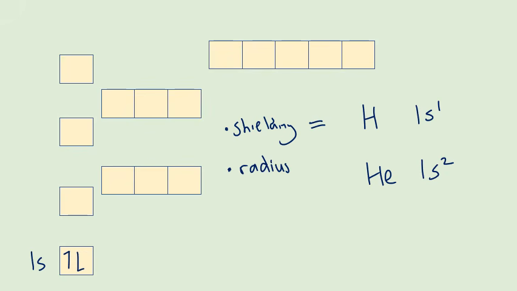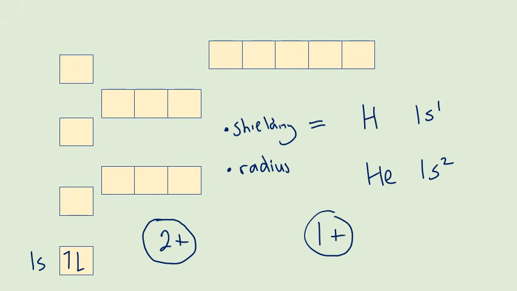Now the radius, this one is tricky, because it's tempting to say the radius will be the same. But actually, just because they have the same number of shells doesn't mean they have the same radius. Helium has a 2+ nucleus, hydrogen has a 1+ nucleus. They have the same number of shells, but because the charge is greater on helium, those shells are actually pulled a bit closer.